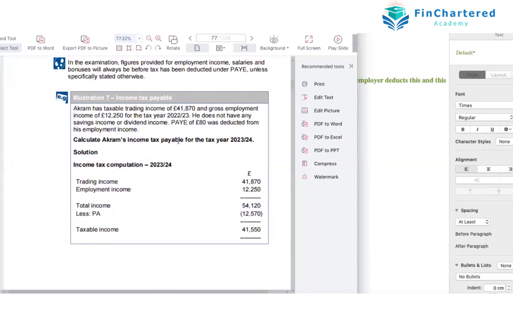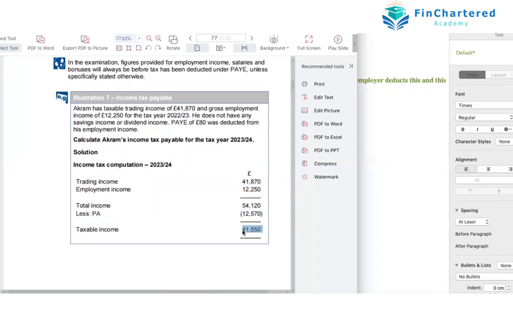So, for example, Akram had an income of 41,870 and employment income of 12,240 as per the information. He does not have any other income, and 80 was already deducted. So Akram has a total income of 54,120. Remember, his income is less than 100,000, so no adjustment is needed to the personal allowance. Personal allowance will be 12,570 itself.